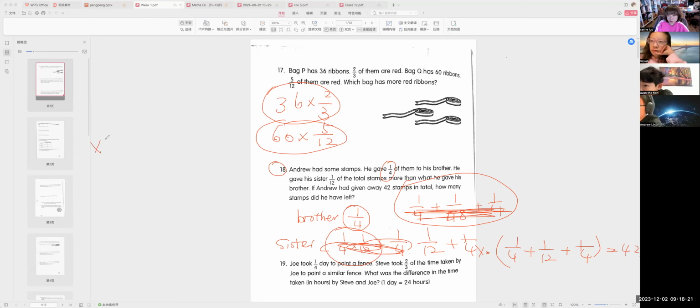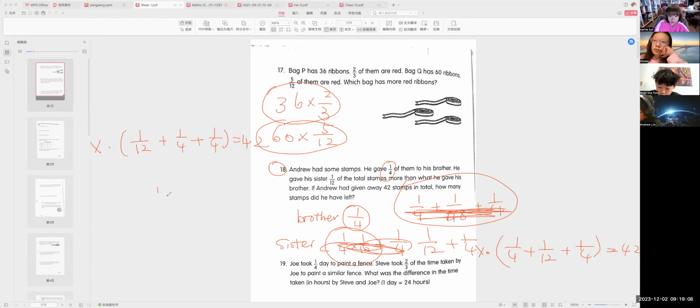So if total Andrew has x stamps, x times 1/12 plus 1/4 plus 1/4 should equal 42. Get it, everybody? Violet, Evan?